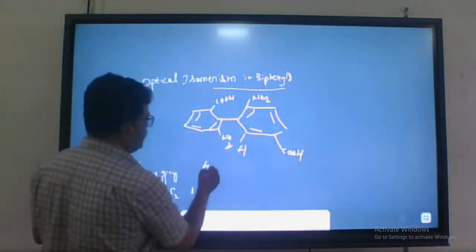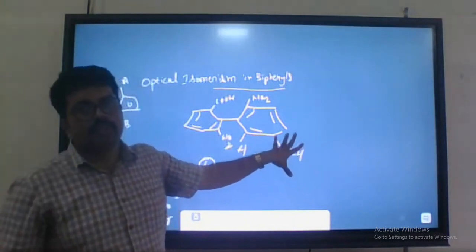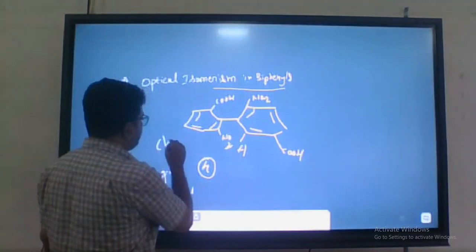The fourth condition: the bulkier group may also be present in COH. Even if it is in the meta position, it is chiral.